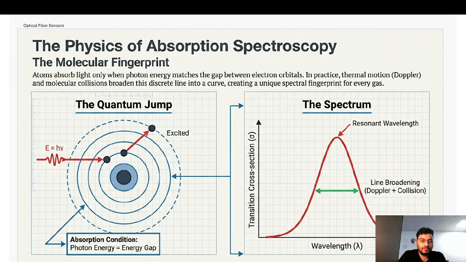So the physics of absorption spectroscopy, I have told you already, but what is happening on an atomic or molecular scale? If you are talking about infrared spectroscopy, it will absorb and have some kind of vibronic interactions. But if you are talking about electronic, then there will be a quantum jump.